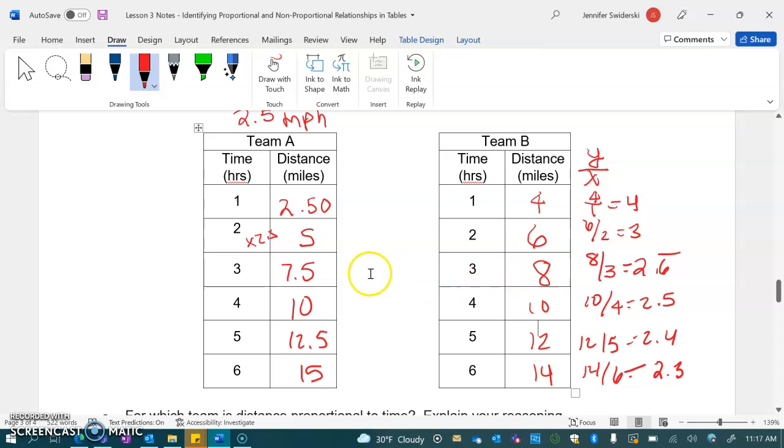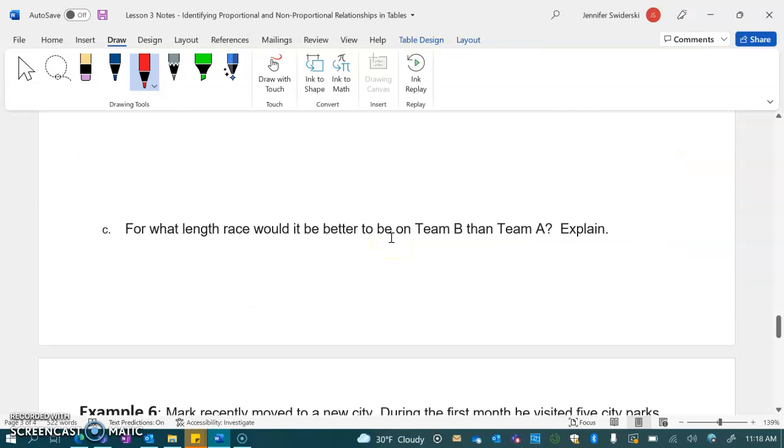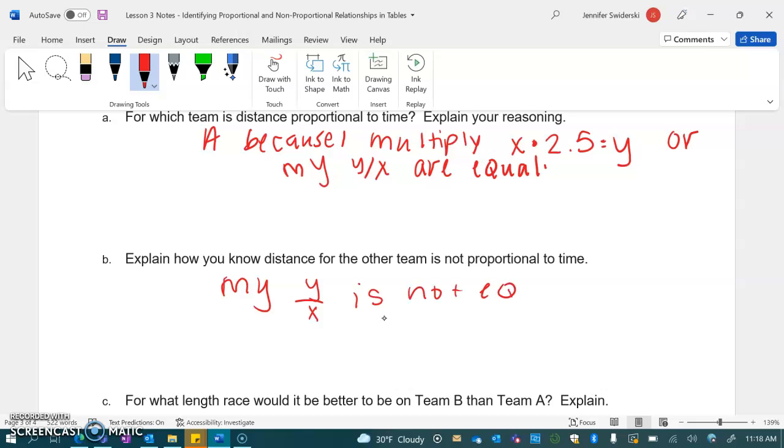So Team B is not proportional. Team A is, because each time we're multiplying our hours by 2.5. Explain how you know distance for the other team is not proportional to time. My y over my x is not equivalent.